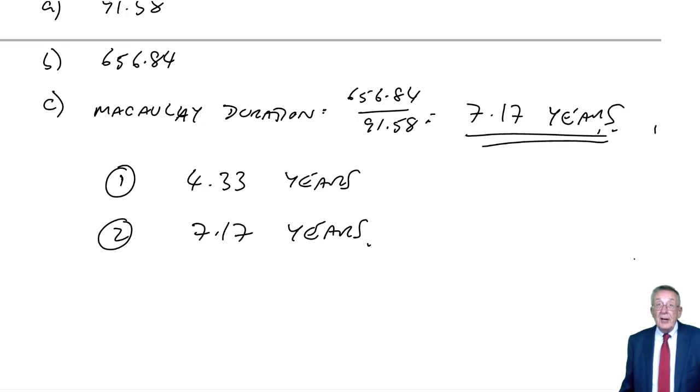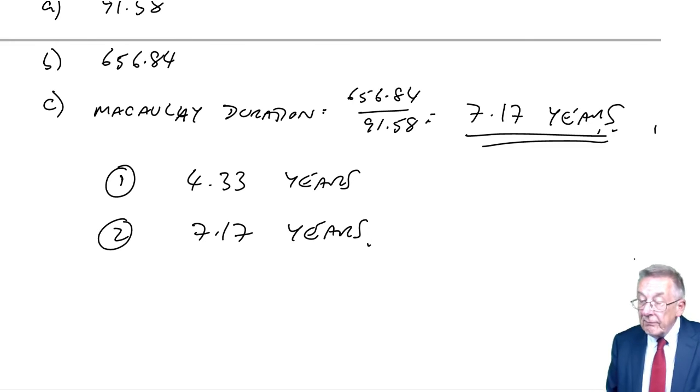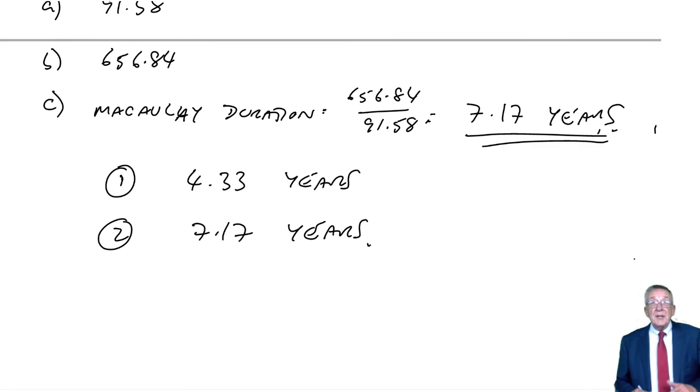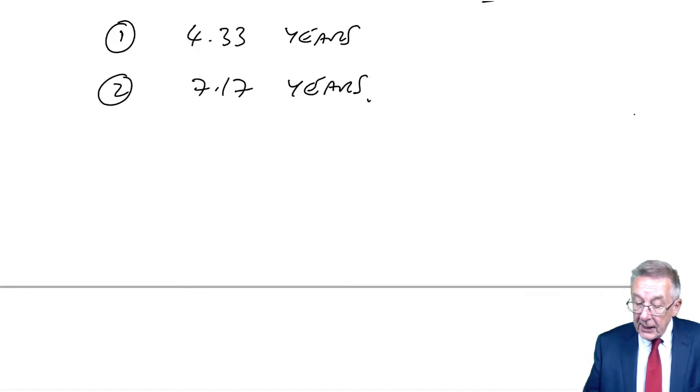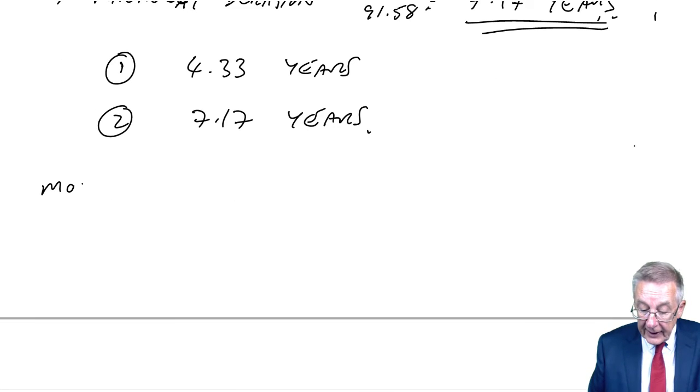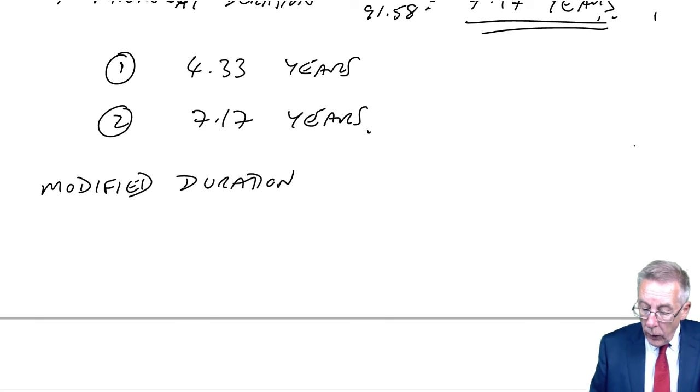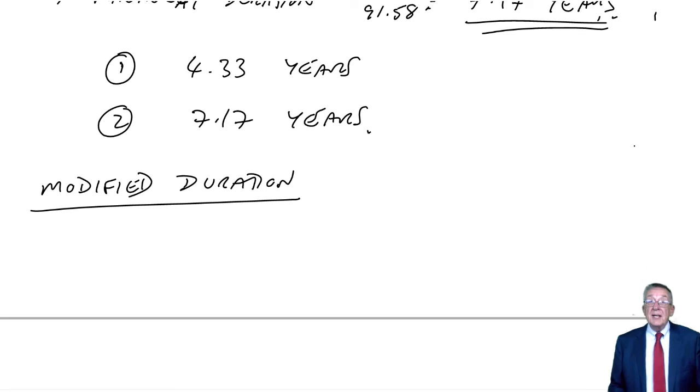And we can go one step further, which is unbelievably easy. Given that we're talking about the sensitivity, how much the market value is going to be affected by changes in required return, we can calculate what we call the modified duration, which on its own is so easy it's untrue.